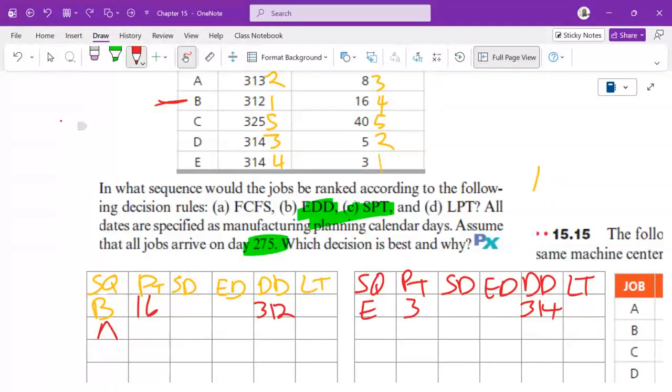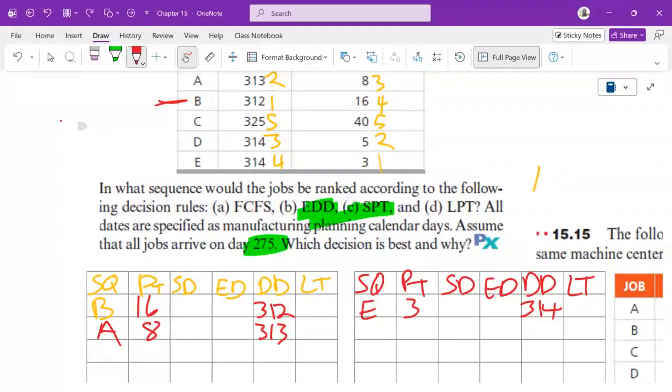Then here my 2 is A, and my process time is 8. Did I say longest process time or shortest process time? Oh, no, we are measuring the due dates, right? The due date first, and then you write your process time so that you don't get confused.